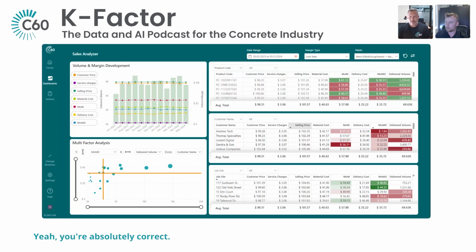Yeah, you're absolutely correct. I think some data is a lot easier to access in ERP systems than others. One of the examples is understanding what your dynamic load cost is for each ticket sold to a particular customer on a particular project, to actually understand how long it took for the average delivery, what was the average load size.